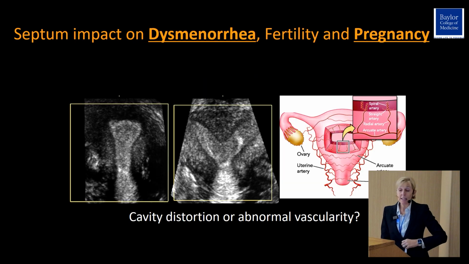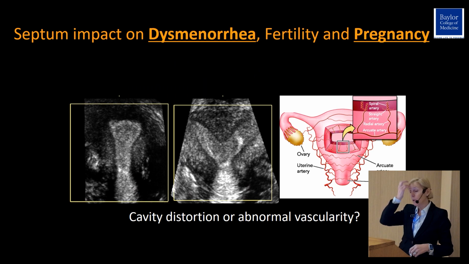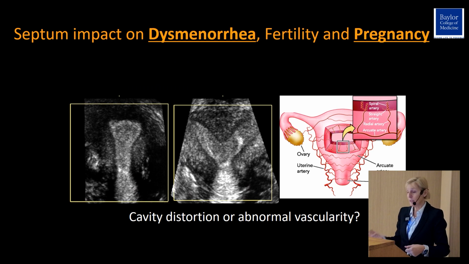But what is the impact of the septum on dysmenorrhea and also on pregnancy, right? Because we don't really know what happens. But what we think happens is that it's a combination of the distortion of the cavity and the abnormal vascularity.